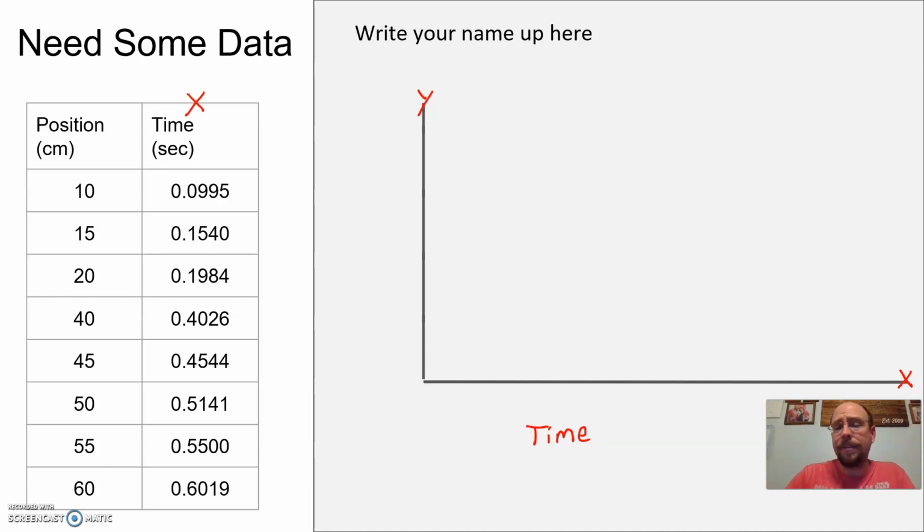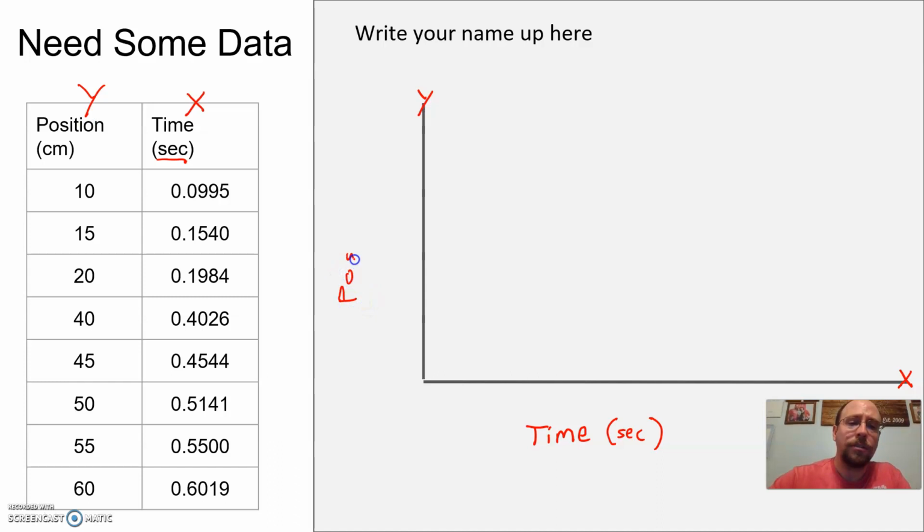We can't just have the label or just say time. We also need a unit because this has a unit up here as well. It's measured in seconds, so we put seconds down on the bottom. Next, we're going to label the y-axis. The y-axis, we're going to list our positions.